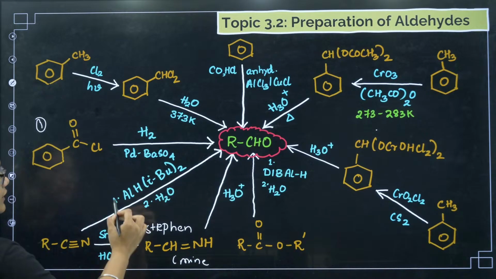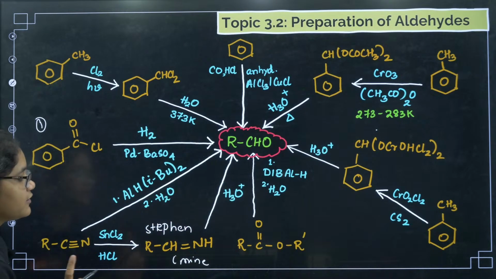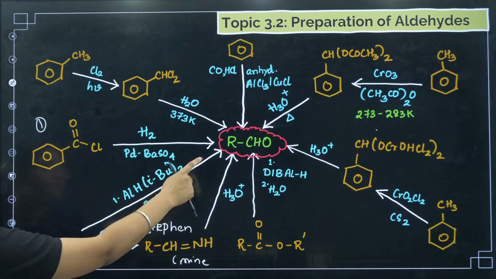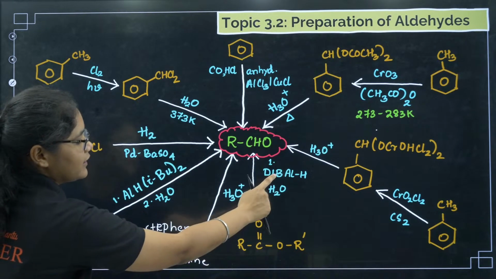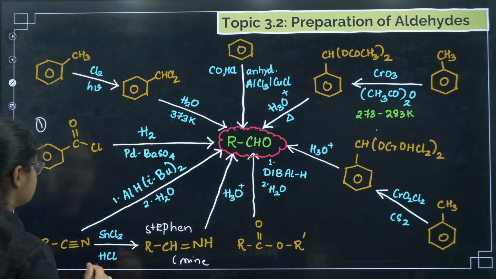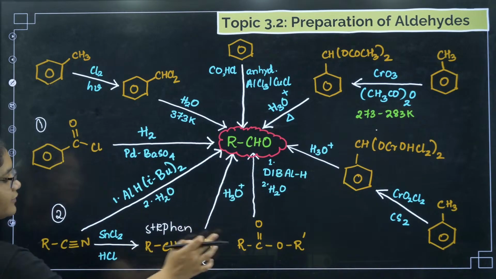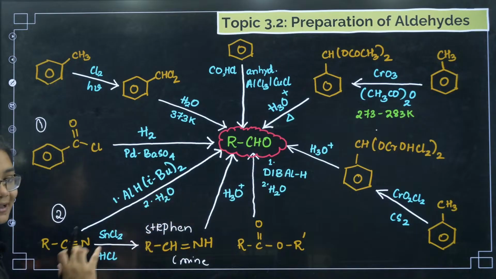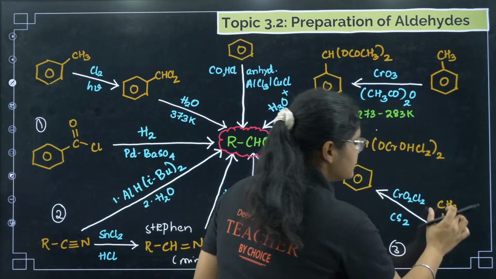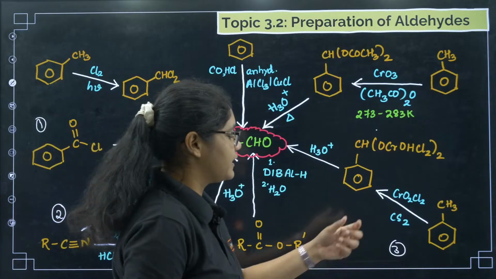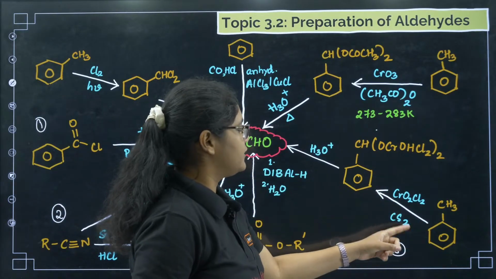Next, RCN, if you treat it with DIBAL-H, there is a reagent called DIBAL-H, that also will give you an aldehyde. Next, with esters also, if you treat with DIBAL-H, you will get aldehydes. So this is your second method. From nitriles and esters, we can use DIBAL-H. The third method is from hydrocarbons, or you can have toluene, CrO2Cl2, CS2.